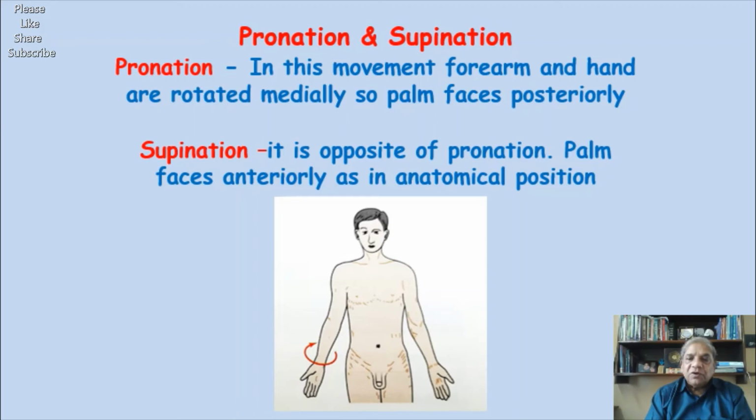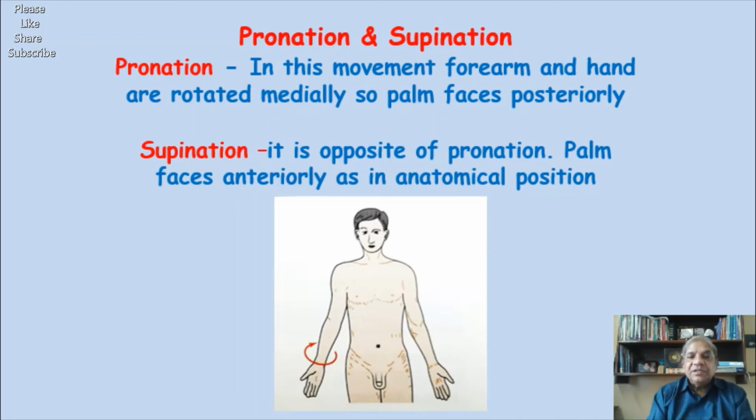Turn your forearm along with the hand so that the palmar aspect of the hand faces downwards, towards the ground, because your elbow is already flexed. So the dorsum of your hand should face upward, towards the roof.